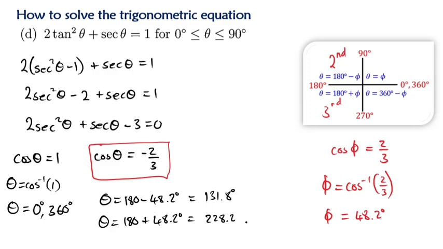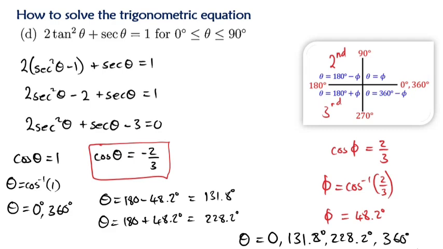Like this. So our solution set for theta is equal to 0, 131.8. We also have 228.2. And lastly, 360.